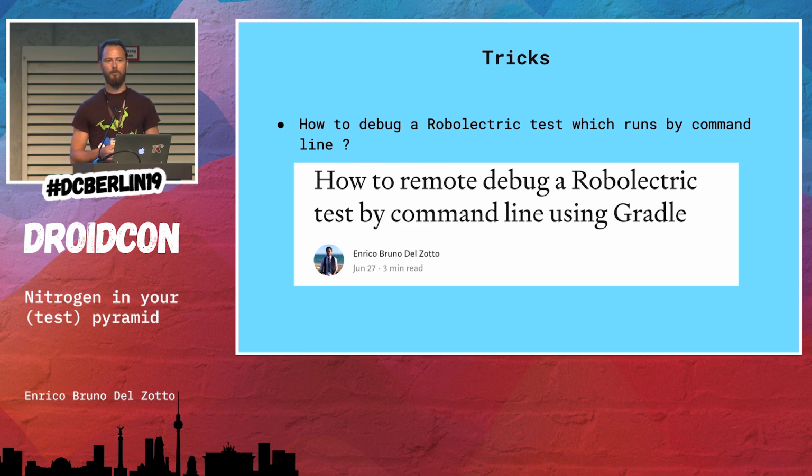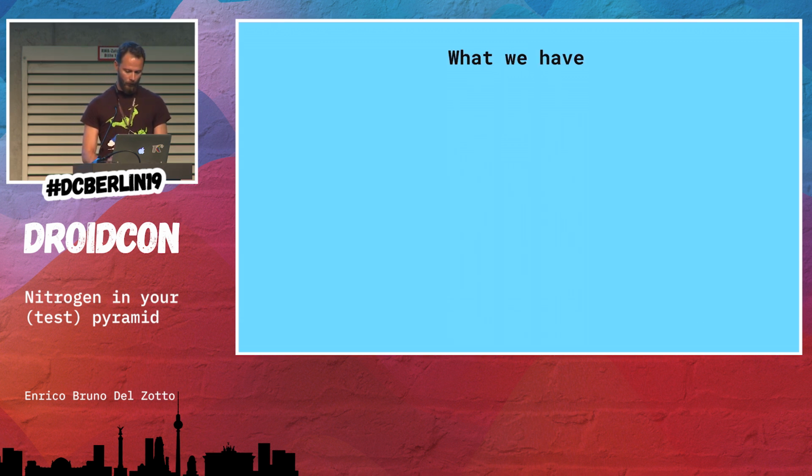So if you would like to debug with Robolectric directly from the command line, you have to attach a remote debugger, and you have to tell your Java virtual machine to attach to this remote debugger using a socket. This is out of scope of this presentation, but you can find this article directly on Medium.